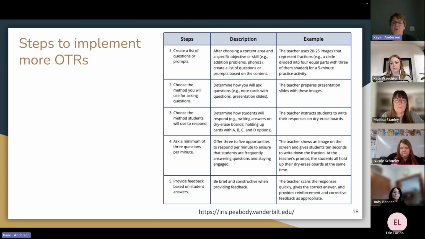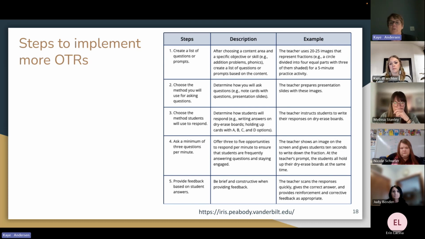We have to know the list of questions or prompts or problems. What is it that we need to have them do? So after I decide what that content is going to be, I need to create a list of questions, or if I've taught this class for a while, I probably can come up with them off the top of my head, but I have to know what it is we're going to do and plan for it ahead of time.